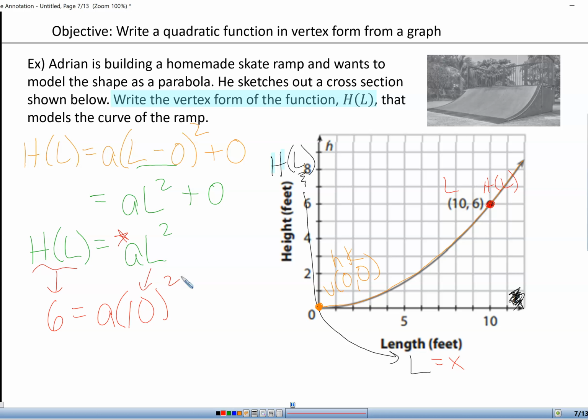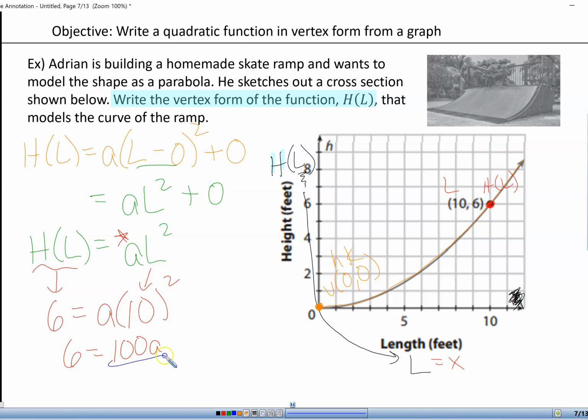Parentheses optional. I just think it's clearer that the 10 is separated from the a, and only the 10 is squared, not the a, if we put parentheses. So 10 squared is 10 times 10, which is 100. So now we have 6 equals a times 100, which we write as 100a.